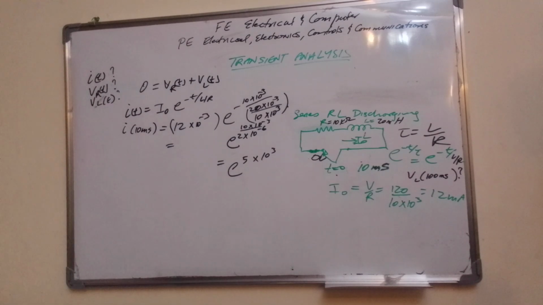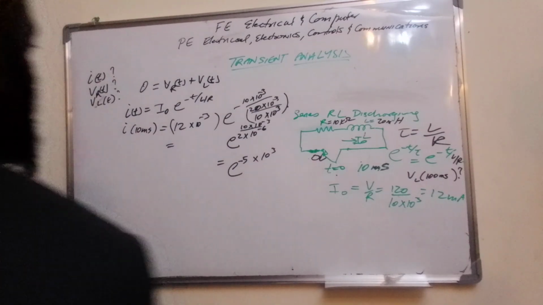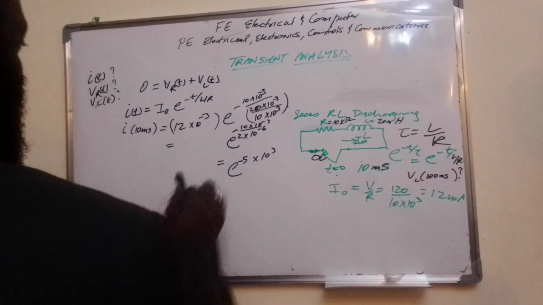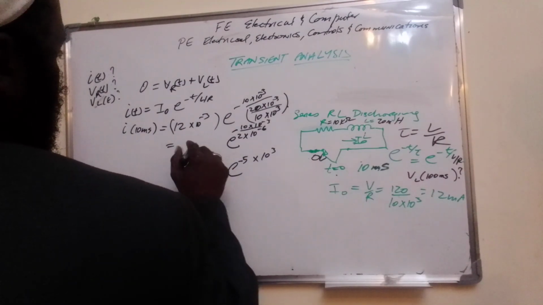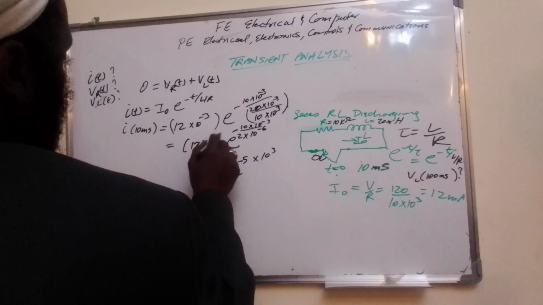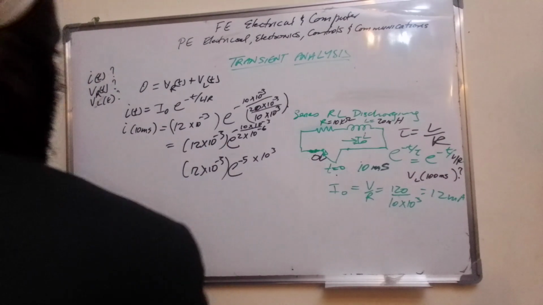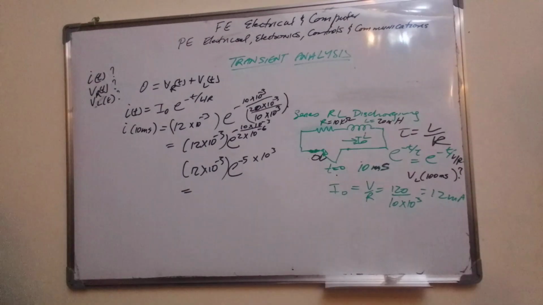So obviously this is a minus, right? This is a minus. Let's see what's going on with that. This is a minus here. 12 times 10 to the minus 3.